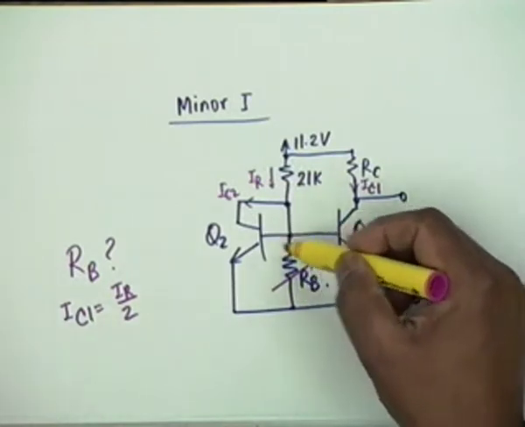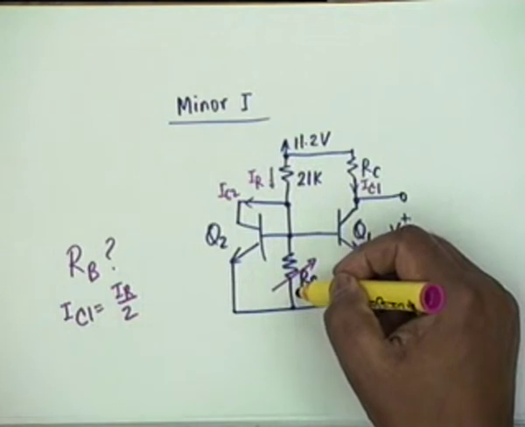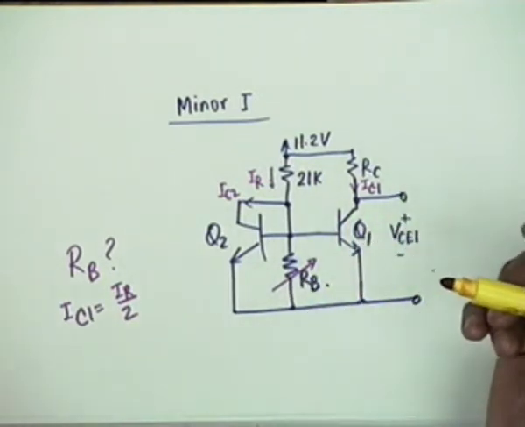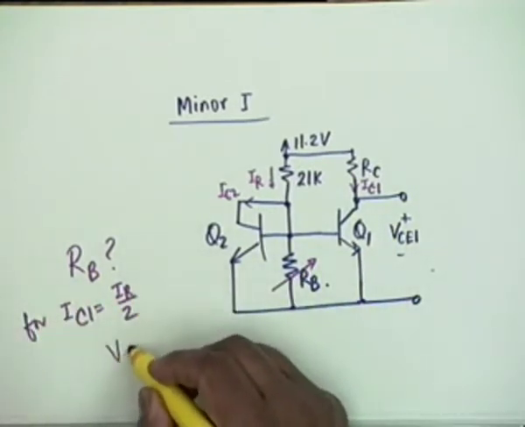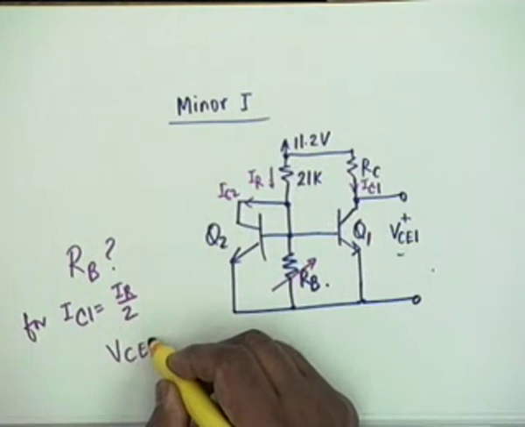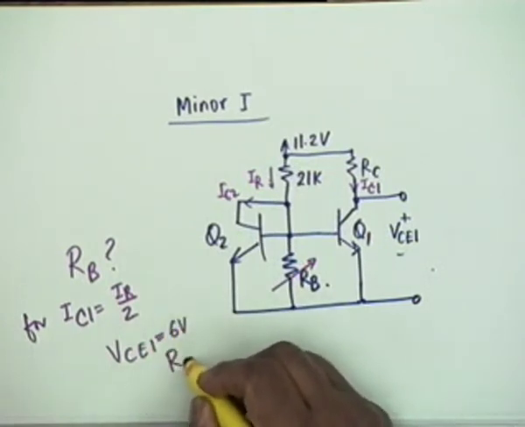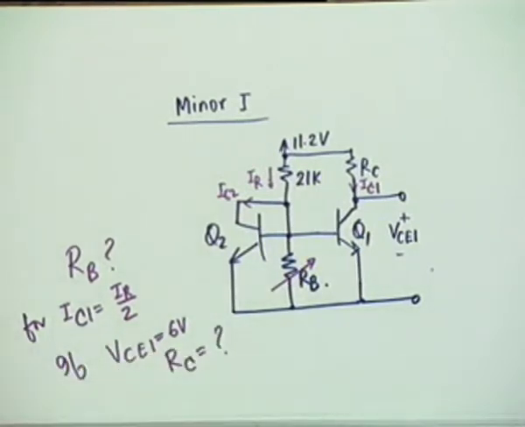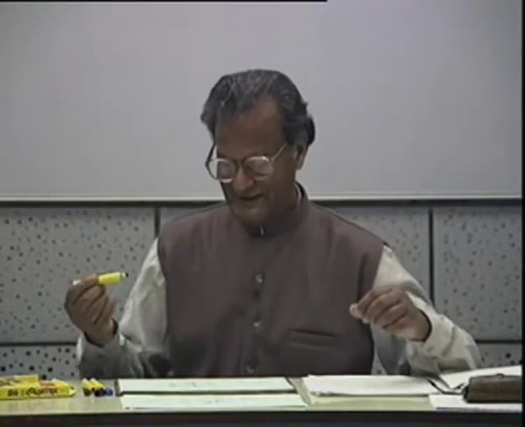In addition to IB1 and IB2, there is an IB through R sub B, and therefore R sub B controls the current. And under this condition, VCE1 is 6 volt, so you have to find out what is R sub C. The solution should be obvious.